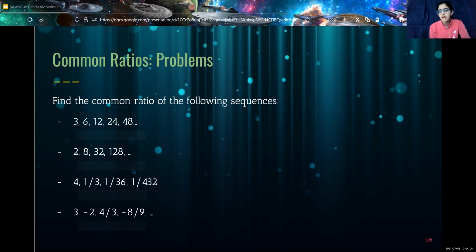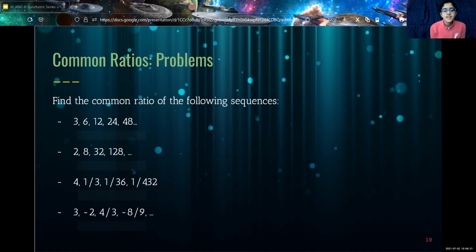Quick question. Do we have to say multiply by whatever as a common ratio, or can geometric sequences only be multiplication? Since geometric sequences can only be multiplication, you do not need to say multiply. So you can just say that.